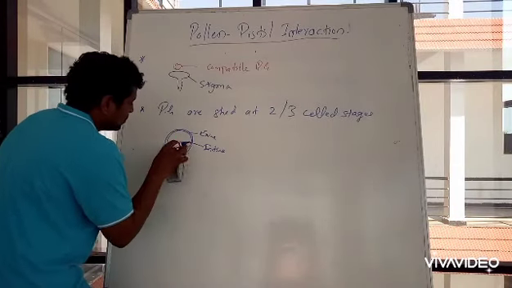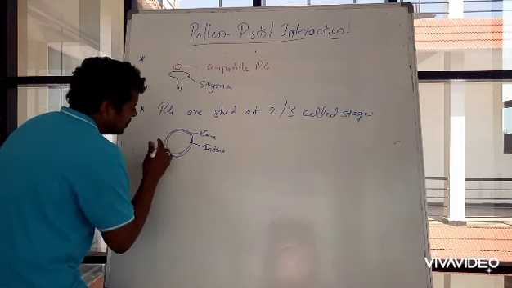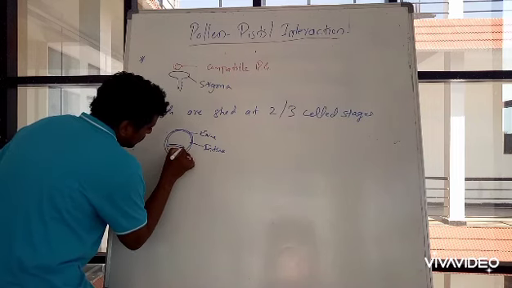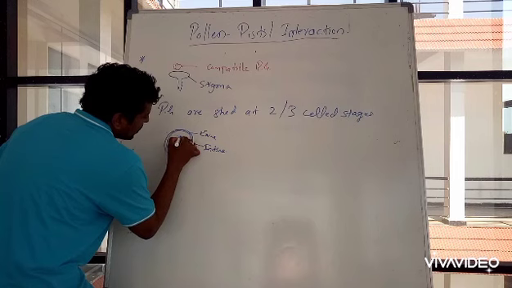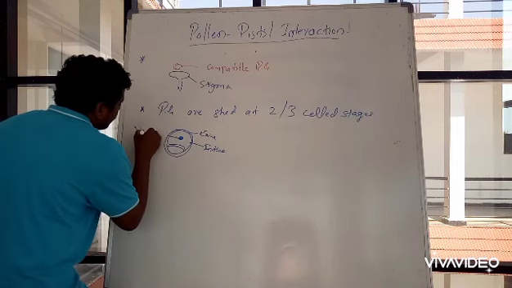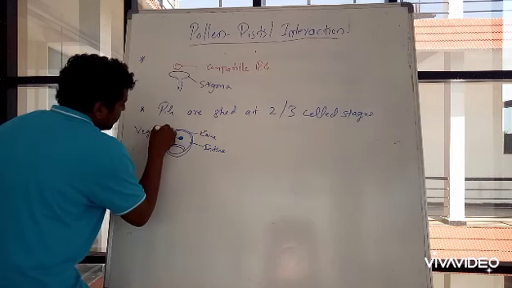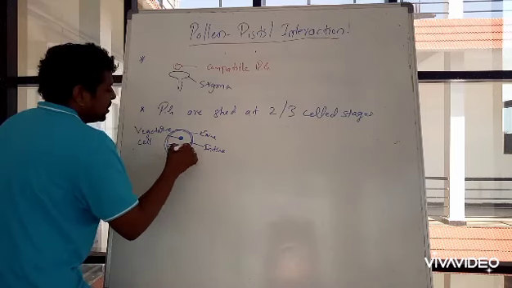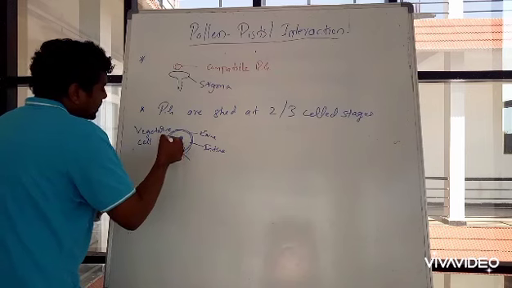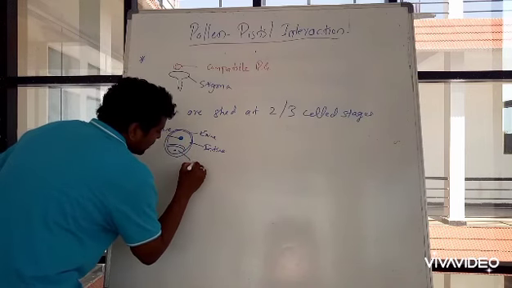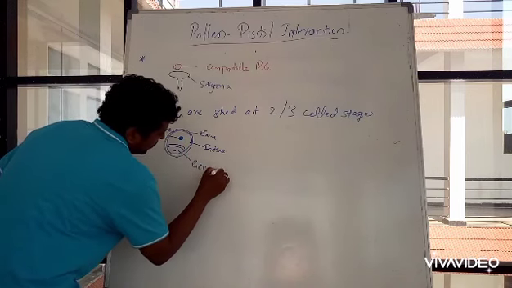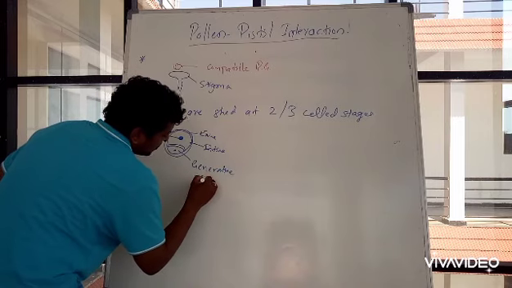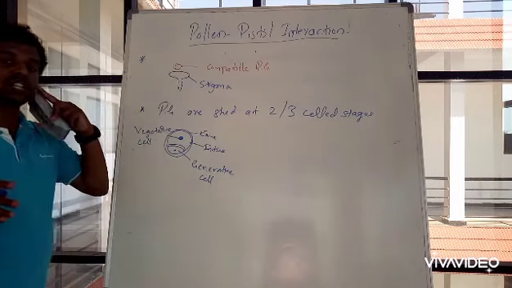One is the cell with a large nucleus, this is the vegetative cell, and the other with a small nucleus, floating inside the vegetative cell, is the generative cell. So this is the structure of pollen grain.